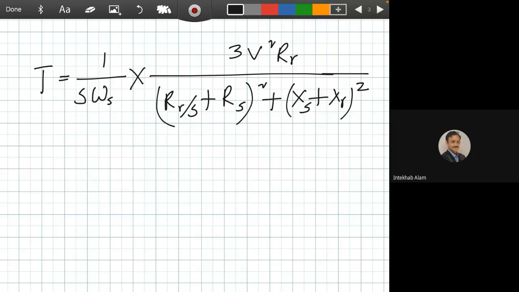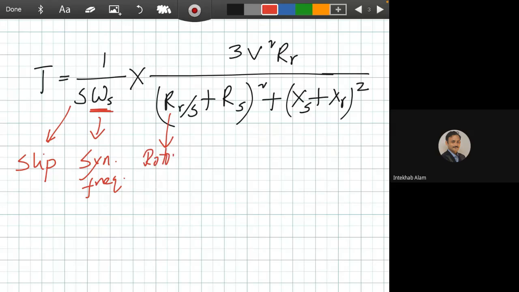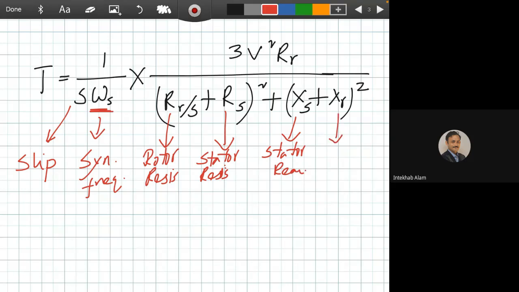So here we have two topics, like one is omega. This is the synchronous frequency. So if we write these things, this is the slip, this is the synchronous frequency, this is the rotor resistance, this is stator resistance, this is stator reactance, this is rotor reactance.